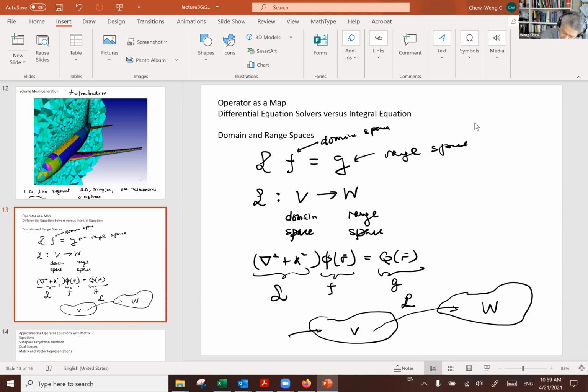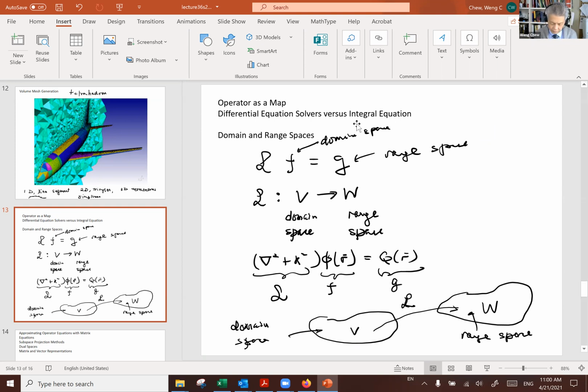This is the mathematical abstraction. Okay, it's a cartoon sort of. You have to think of this as a cartoon picture to see what the mapping is.